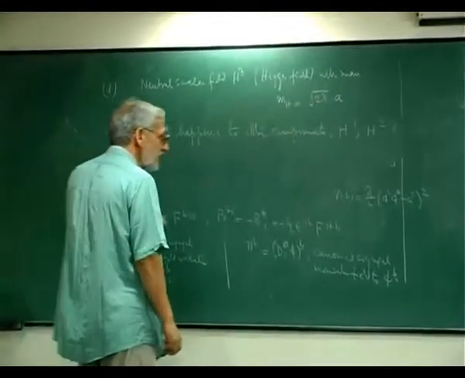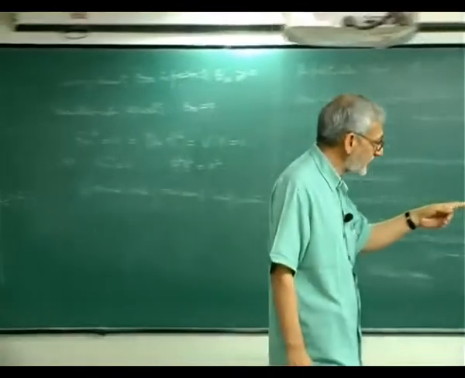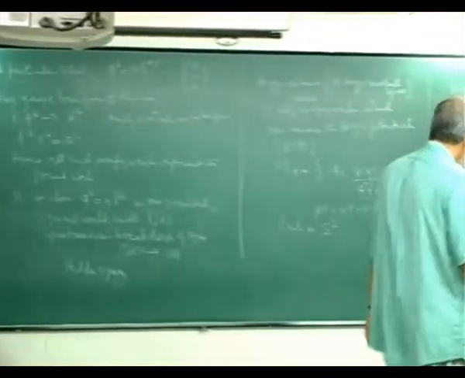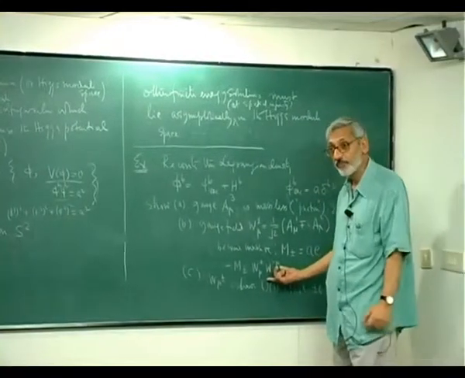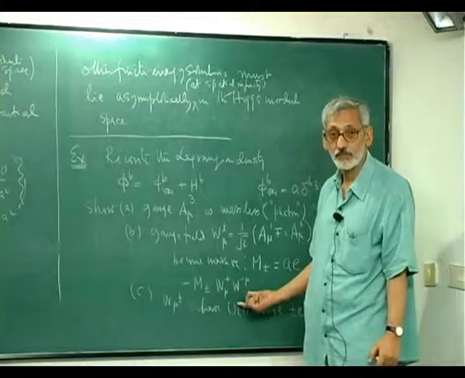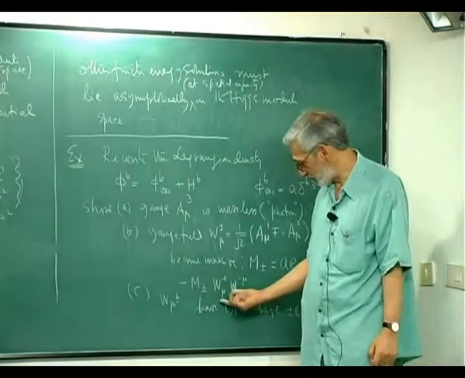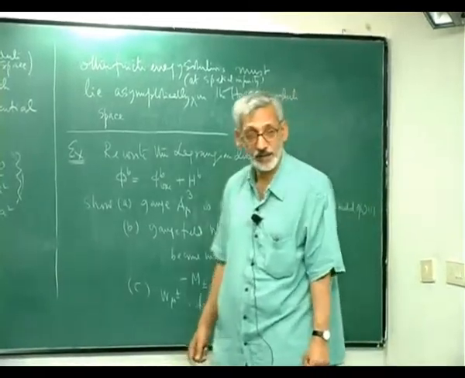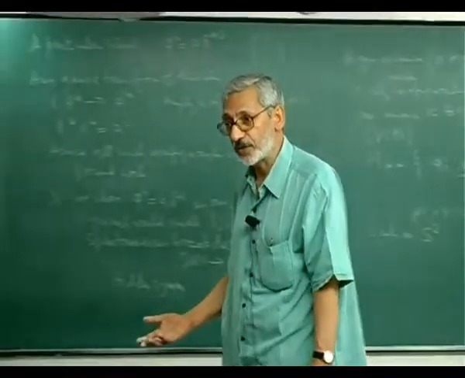We discovered that W plus and W minus, we'll discover doing this exercise, have mass. So we have vector fields which have mass, which means vector fields which have mass don't have only transverse degrees of freedom.